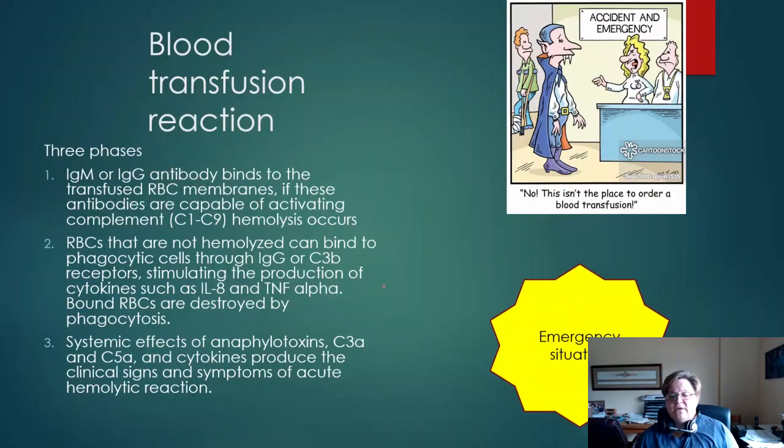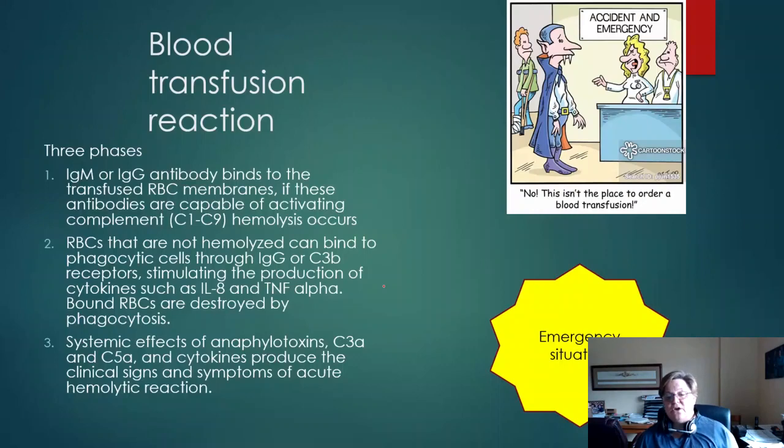Blood transfusion reactions actually occur in 3 phases. Remember, this is a type 2 hypersensitivity reaction, and that it involves IgM or IgG antibodies. So these antibodies bind to the transfused or the donor's red blood cell membranes, and if they're capable of activating the complement system, then we see that the cells begin to rupture, or hemolysis.